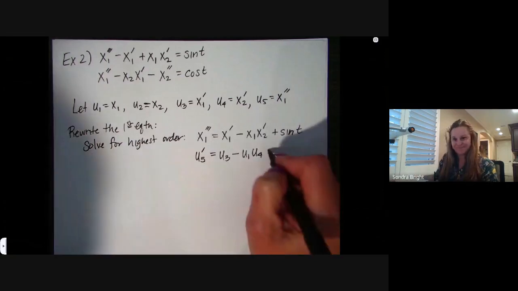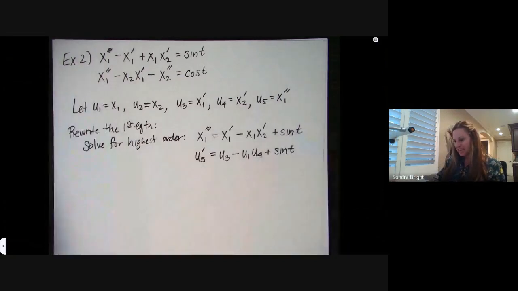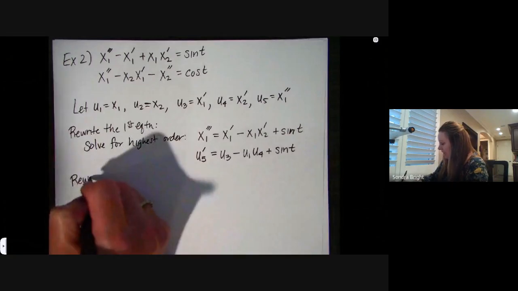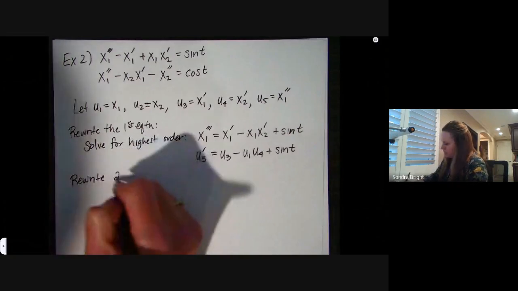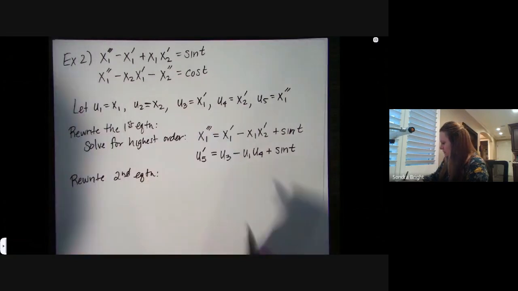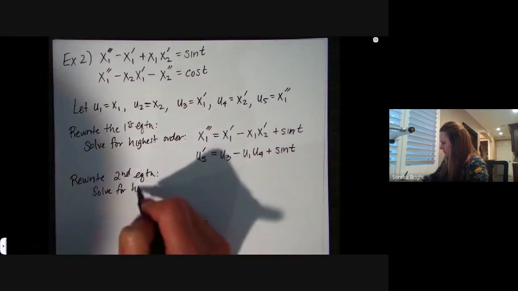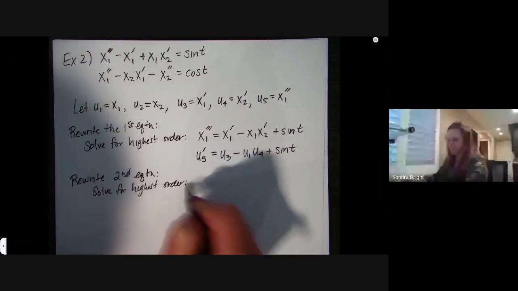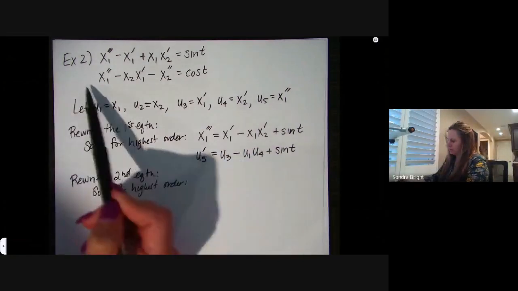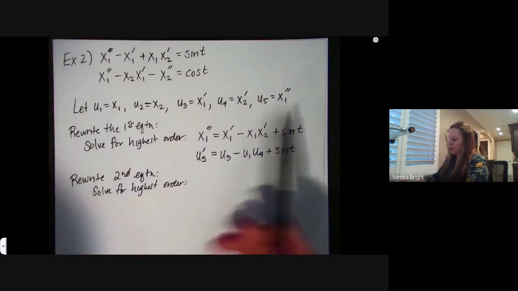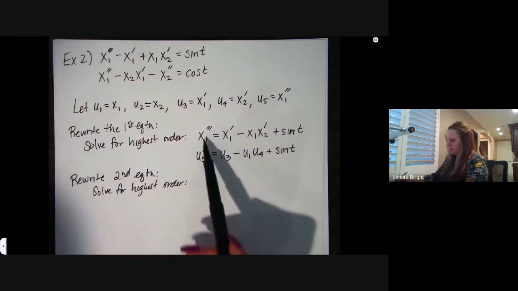Yeah? We're going to do the same thing for the second equation. And again, you need to solve for the highest order. The highest order on this one, well, we already got x1 triple prime, so we're going to go with x2 double prime is what I want to solve for.